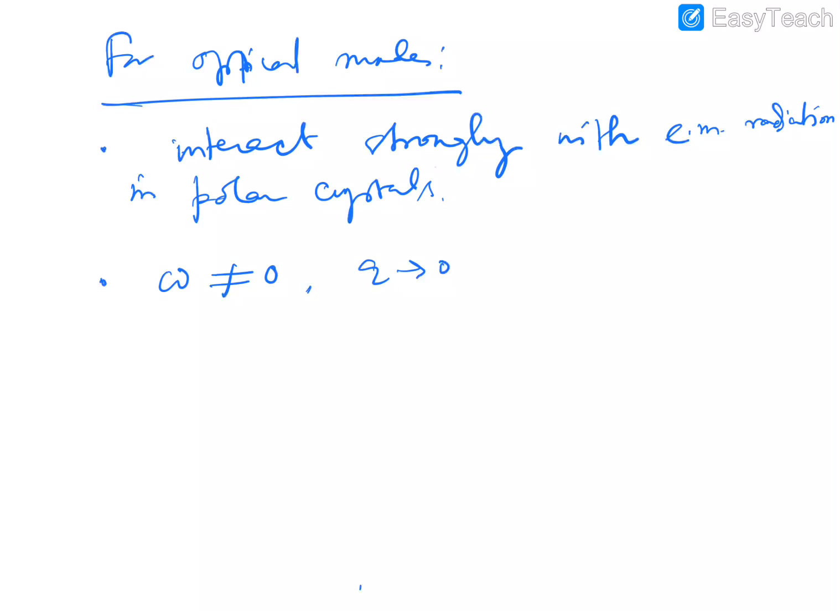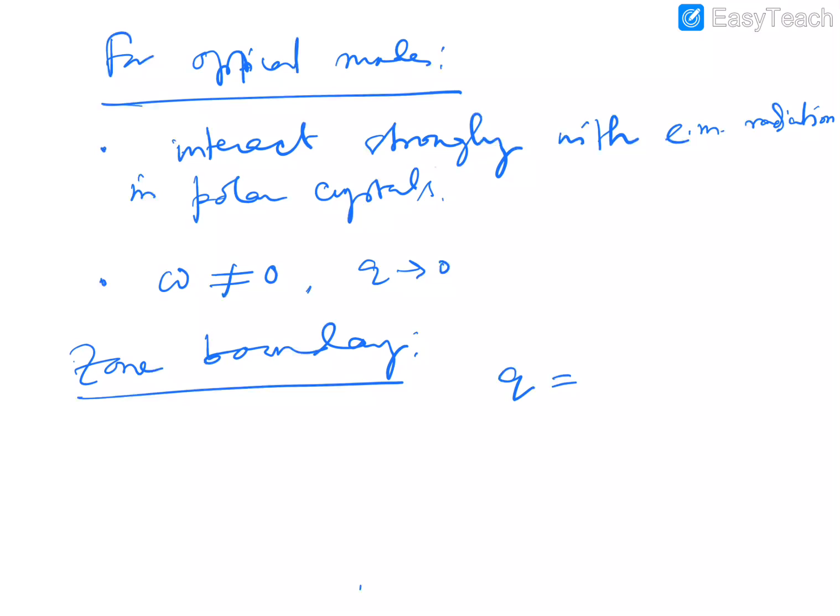Okay, so now we can try to see at the zone boundary. So this is all at Q equal to 0. Now at the zone boundary, Q equal to pi by 2a, right?